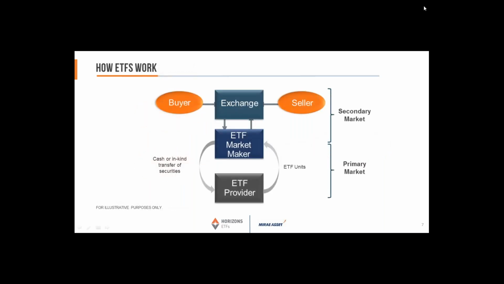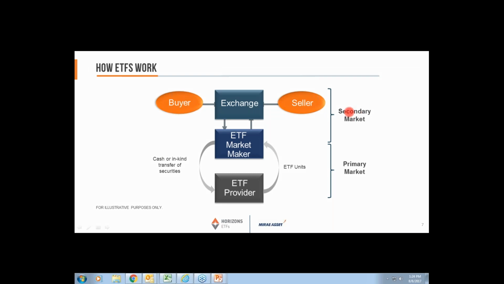An ETF works a slightly bit different. It provides the same benefit, that is, you're getting this open-ended structure, so that the value of your ETF is always reflective of the underlying value of the securities it holds, except that you as an investor are actually going to the market to buy that ETF similar to how you would buy a stock.